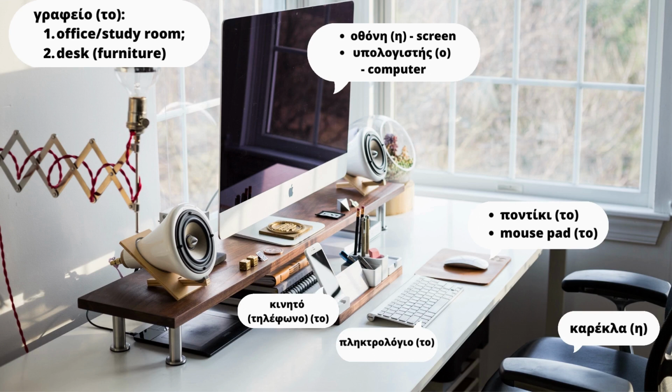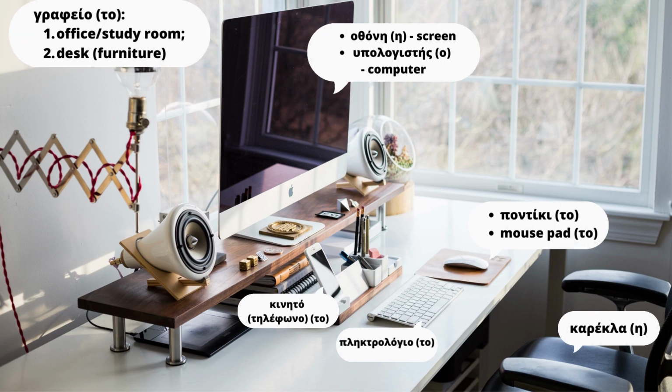We have a mouse and a mousepad here. So the word for a mouse is to pondiki. So this is the word for both mouse for the computer and for the animal. And we use the mouse on the mousepad.